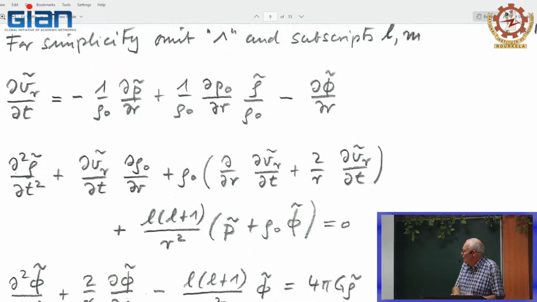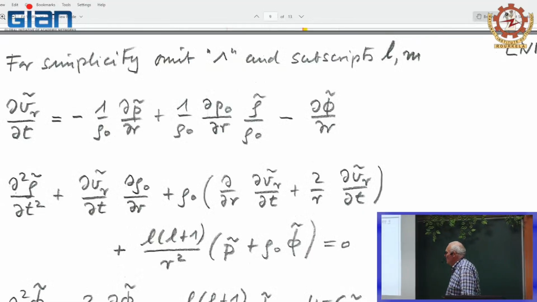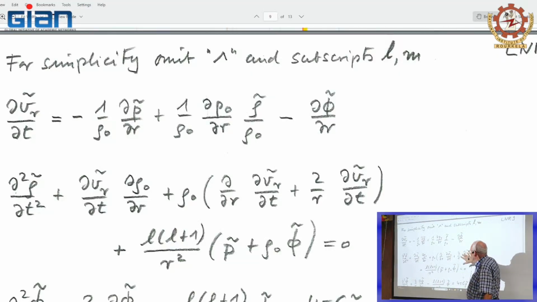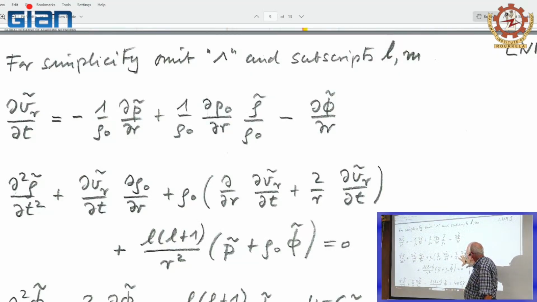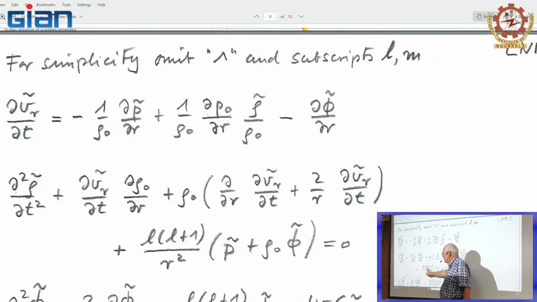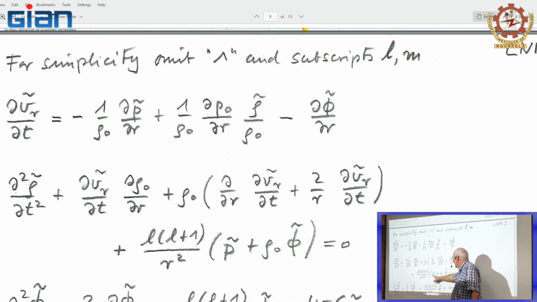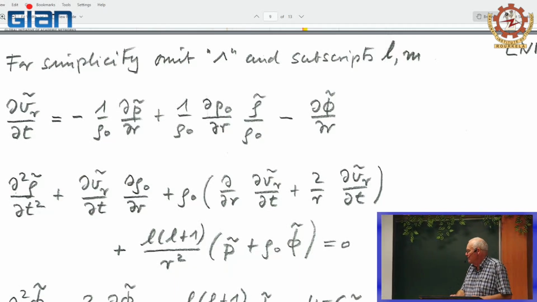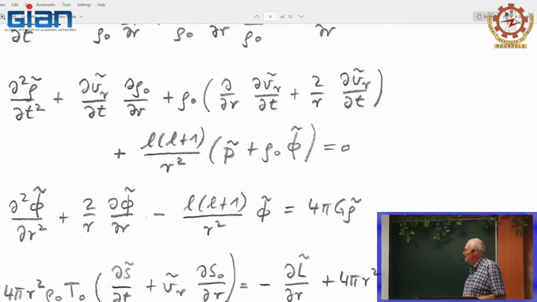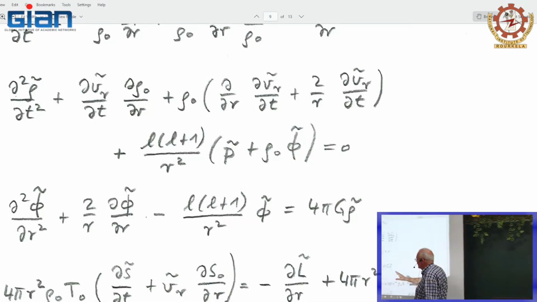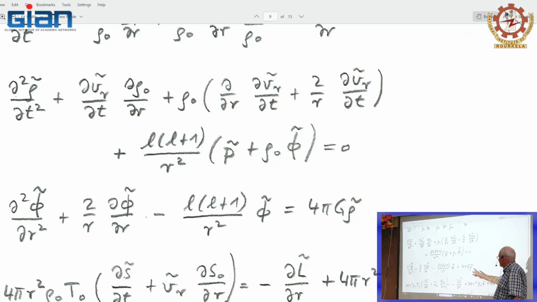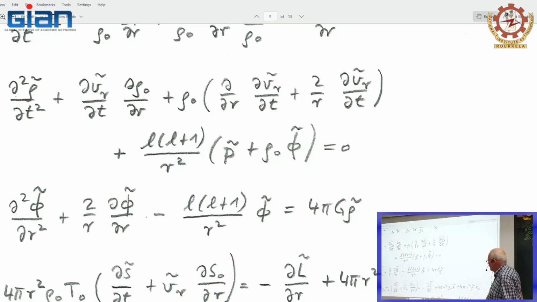Well, first of all, the momentum equation, what's remaining from the momentum equation, then the mass conservation equation appears with an L times L plus 1 appearing here, times P tilde plus rho naught times phi tilde. Then we have the Poisson's equation for the potential, and the angular dependencies have disappeared or are condensed in this L times L plus 1 over R squared times phi tilde is equal to 4 pi G rho tilde.